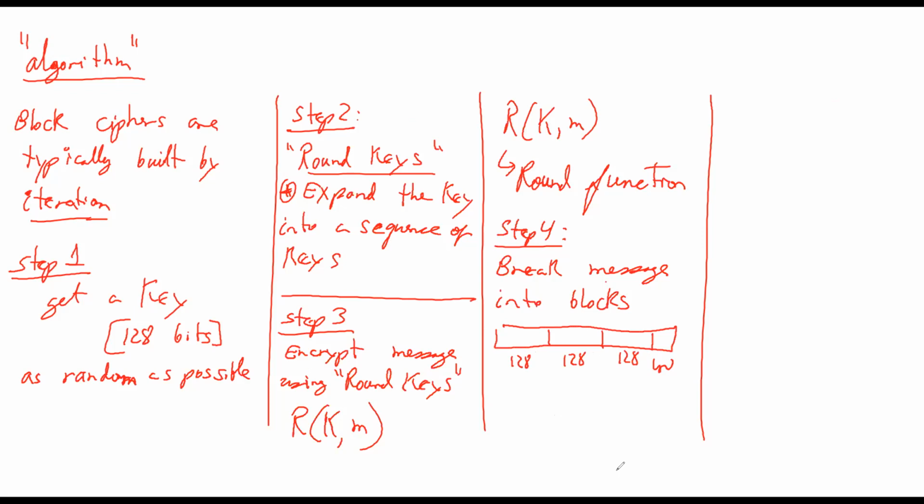So in essence, once we finish, we will end up with a model that will look like this. We have the original message, M, of size 128 bits, and over here the original key.